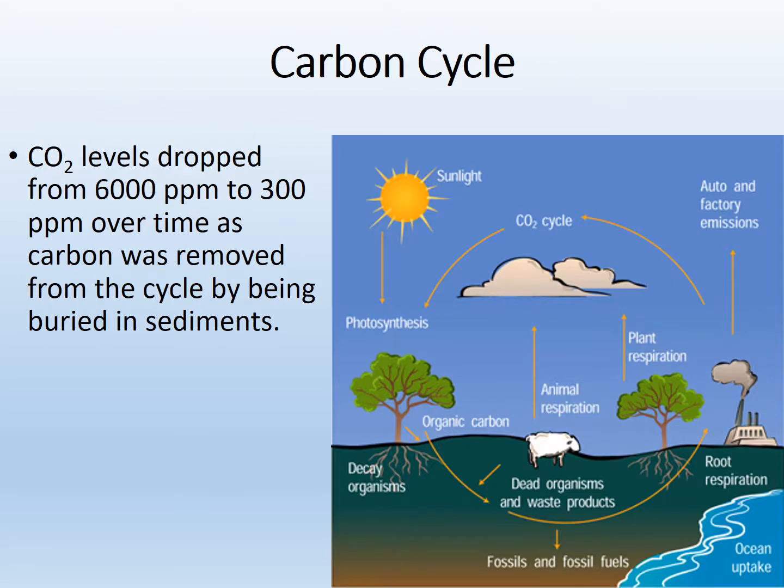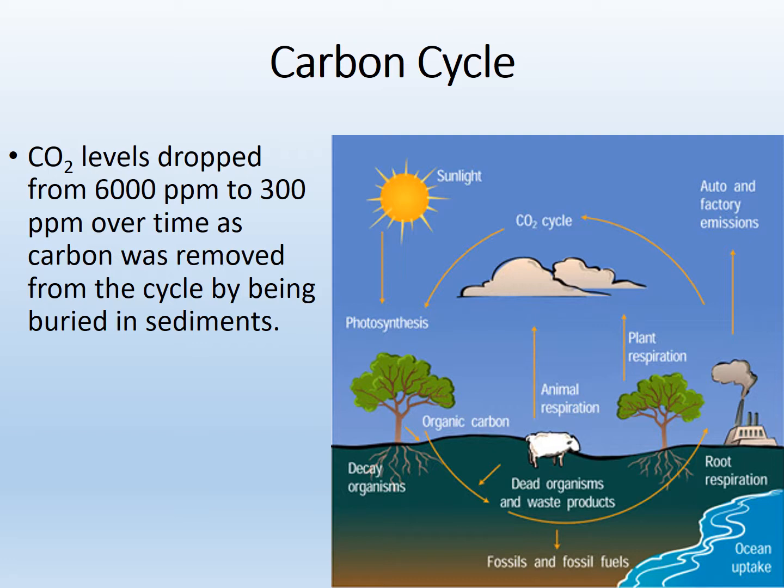So this takes us to the carbon cycle. CO2 levels dropped from 6,000 parts per million down to a modern 300 parts per million as this carbon was being pulled out through photosynthesis. These dead and decaying organisms were buried underground, and that carbon was trapped underground in the form of fossil fuels: coal, natural gas, oil.